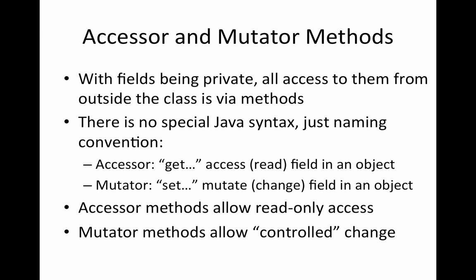This is something that we wouldn't be able to enforce if we made the variable public. At the same time, when we're writing the accessor method, so that we make sure that it is read-only access, we need to be particularly careful when we are providing an accessor to a reference variable. We will come back to this topic in later videos.